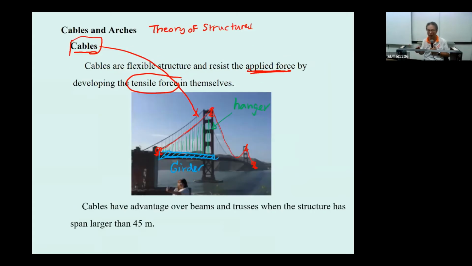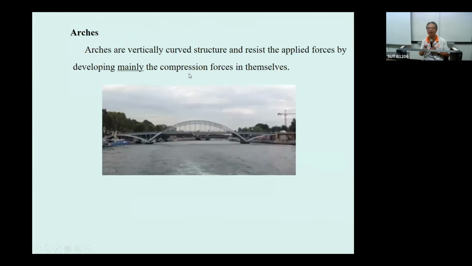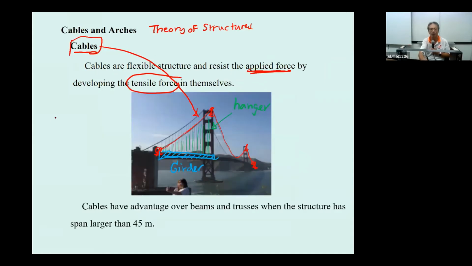If you go to my theory of structure PowerPoint, we have the bridge at Mueang Loei, or very close, in Korat, you may go to Bumrungrad. That has the suspension bridge. This one we call a suspension bridge.